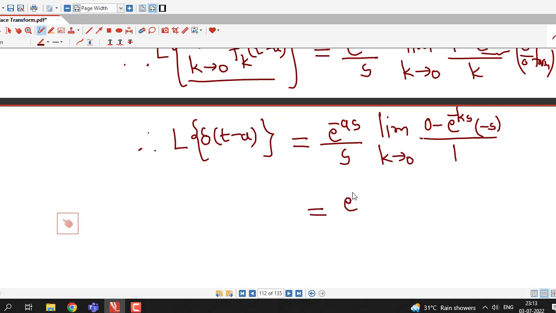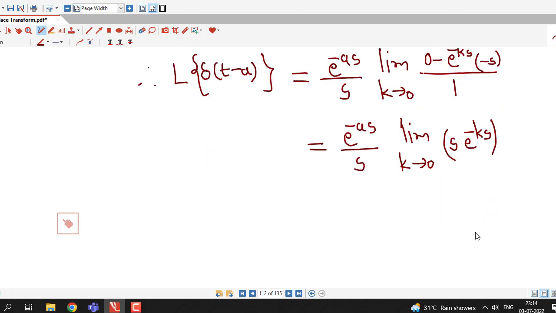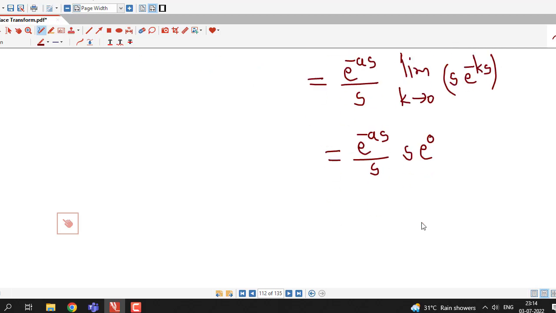So let me rewrite this. This is e raised to minus as divided by s, and this I can rewrite as the limit k tending to 0 of negative negative positive, s times e raised to minus k into s. Now we take the limit as k tending to 0, that means we put k equal to 0. So this is going to be s times e raised to 0, and e raised to 0 is 1.